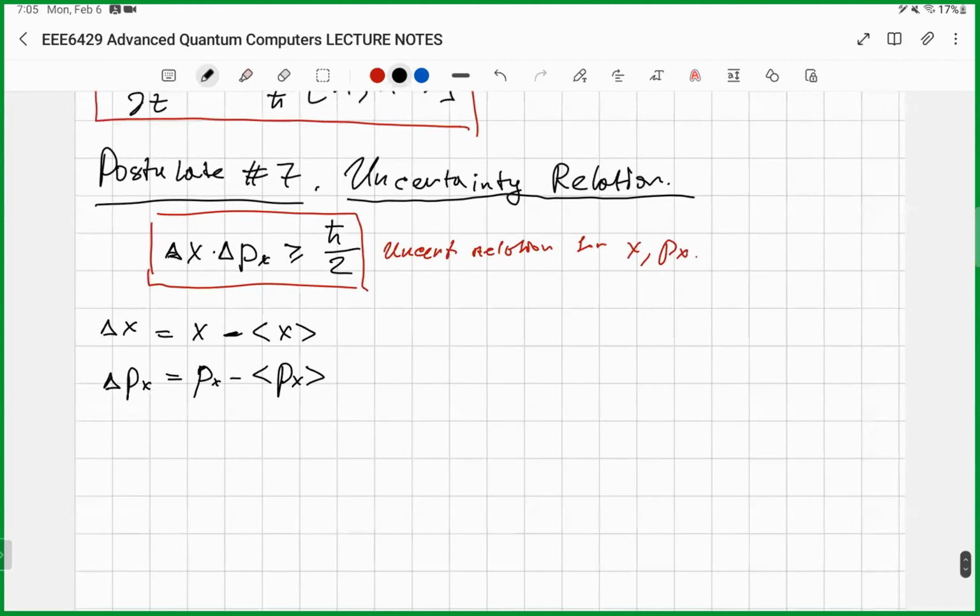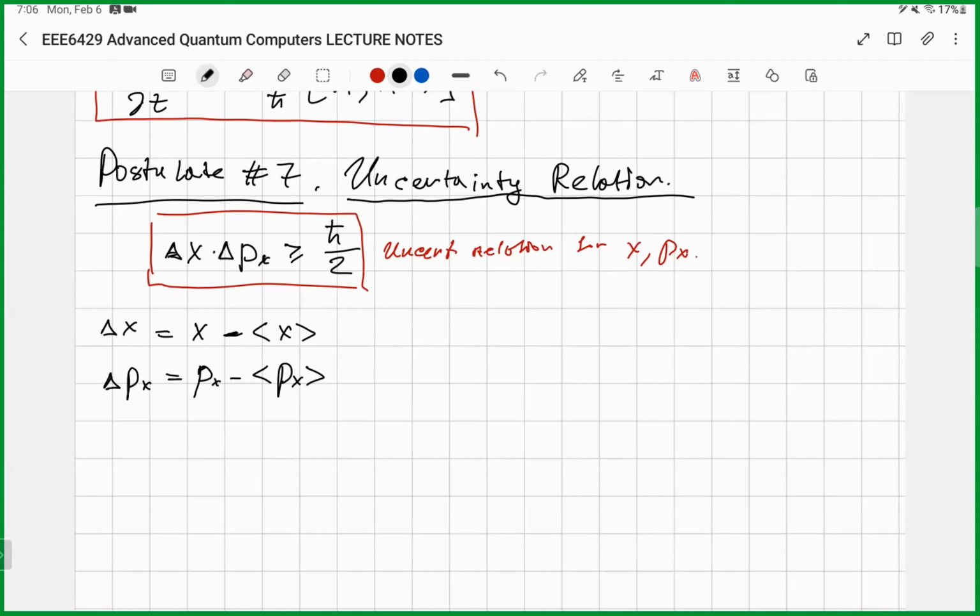And this uncertainty relation simply tells you that this is the product of the dispersion in x and the dispersion in px, and this product must be larger than half of the Planck's constant.